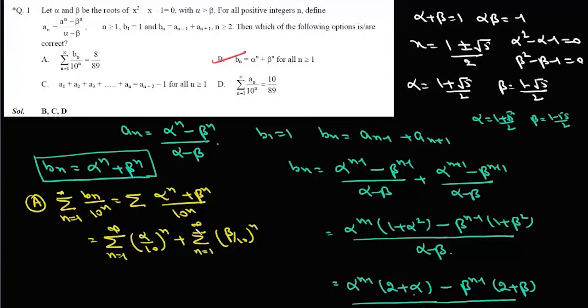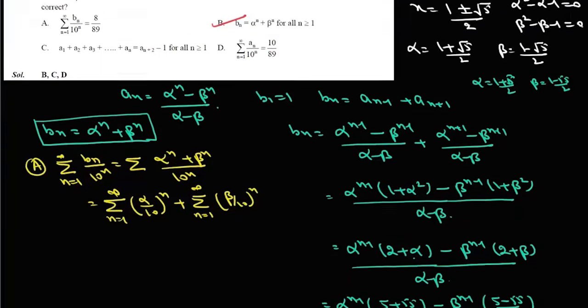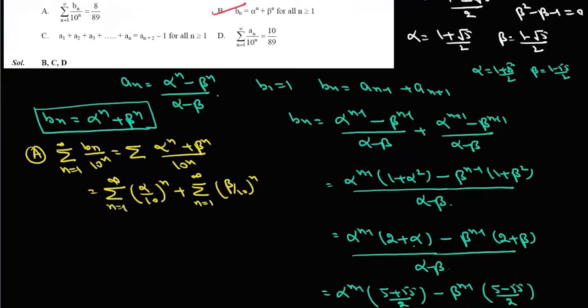So both of them are infinite GPs. If we use the sum of GP, it will be (alpha by 10) upon (1 minus alpha by 10) plus (beta by 10) upon (1 minus beta by 10).